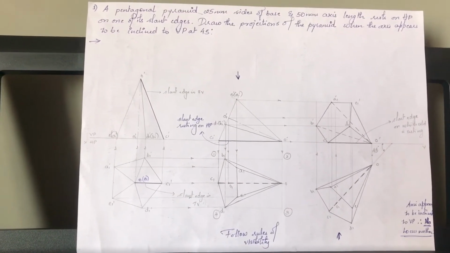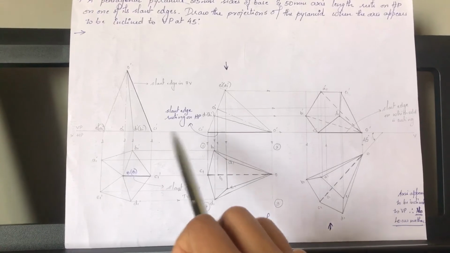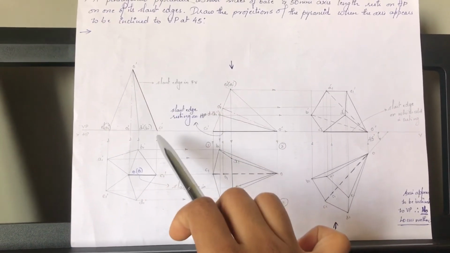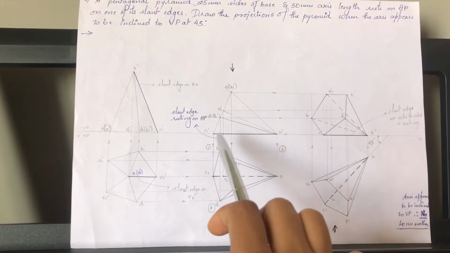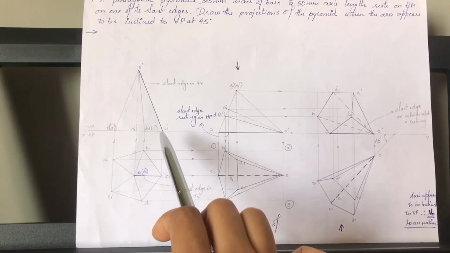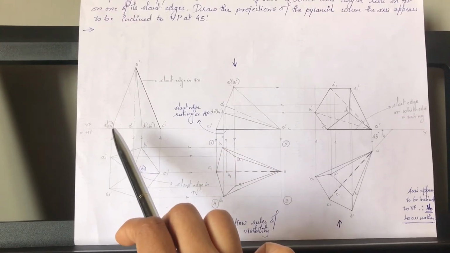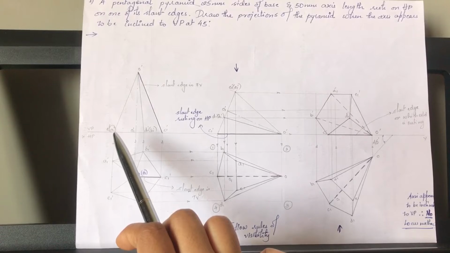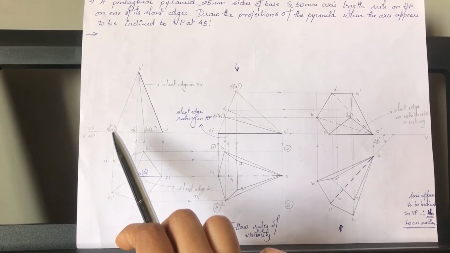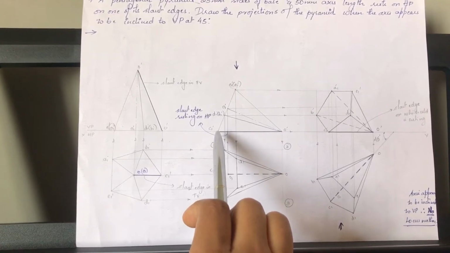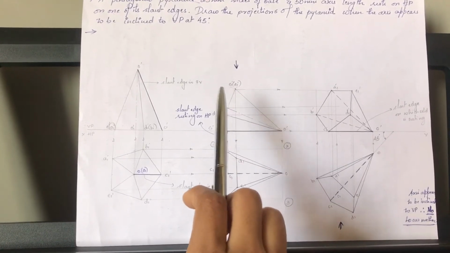Because that is going to give you the true length, the true dimensions of this slant edge. So first you measure O to C1 dash with the scale and mark it here. Next, from C1 dash you measure how much is E1 dash A1 dash. With the help of a compass you measure this and cut an arc here. Keeping the compass here, you cut an arc here.